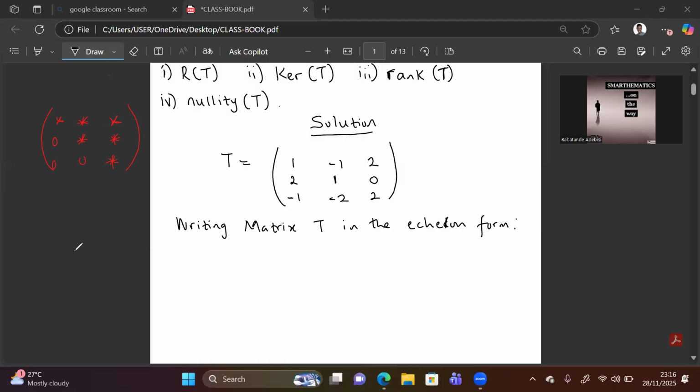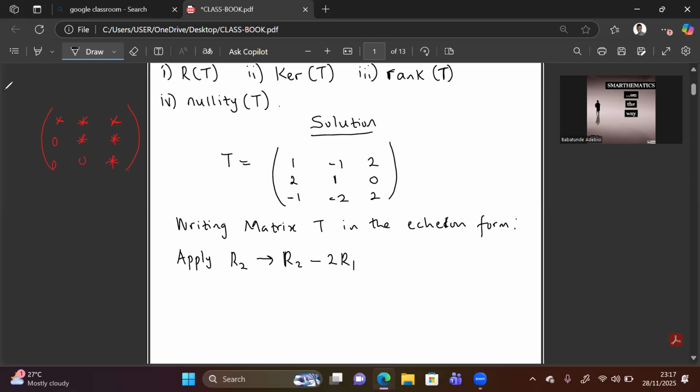To do that, remember I told you we are doing simple elementary row operations that include addition, subtraction, multiplication. There are 3 rows there, so let's apply R2, implying that we'll be doing R2 take away 2R1.